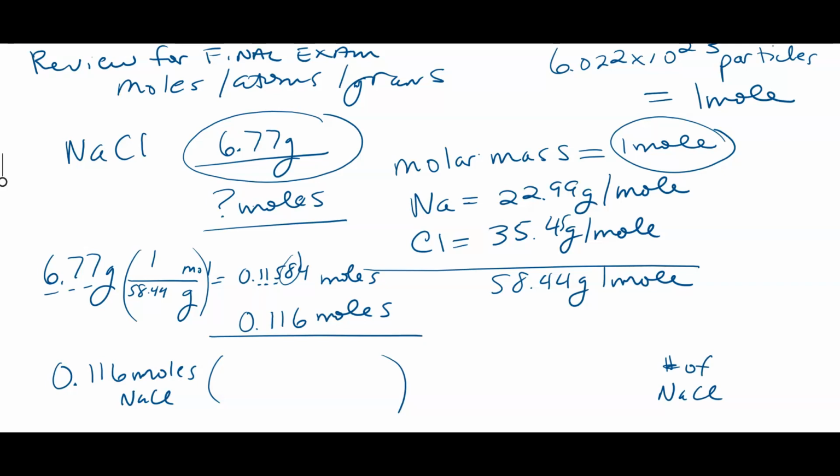When I see that I need a number of particles, I need Avogadro's number. With conversion factors, whatever I'm getting rid of goes on the bottom, so I'm putting mole here, and I want the number of particles up top. So that's Avogadro's number: 1 mole, by definition, is Avogadro's number of particles.